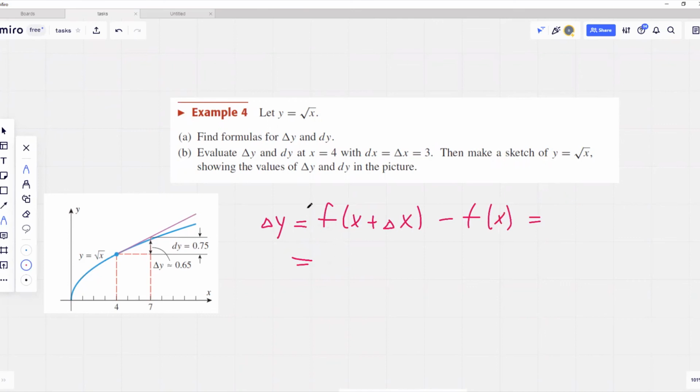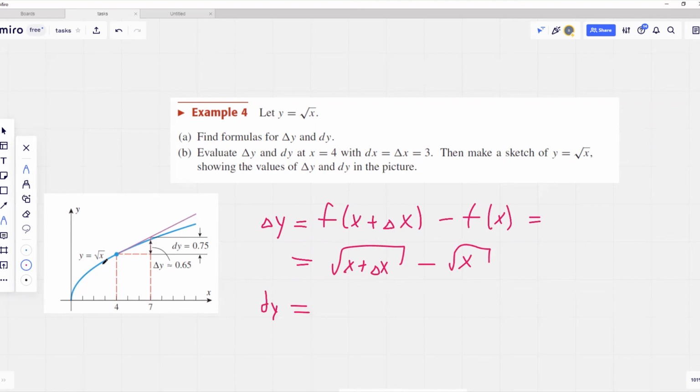So this is the change in y coordinate when we travel from an arbitrary point x, distance delta x. And since f of x is equal to root of x, this is root of x plus delta x minus root of x.